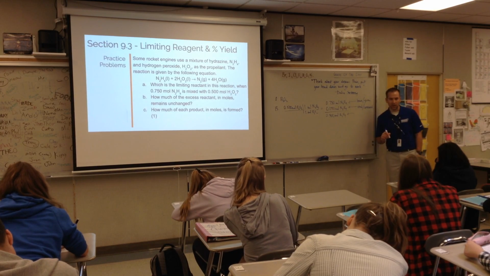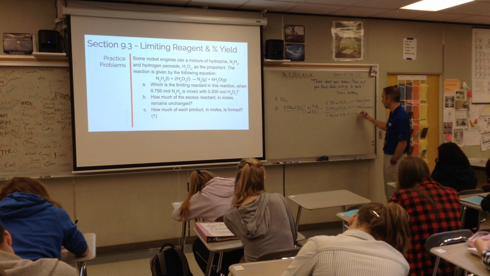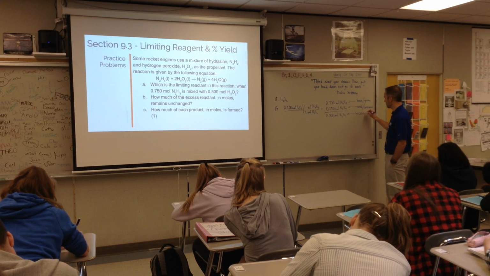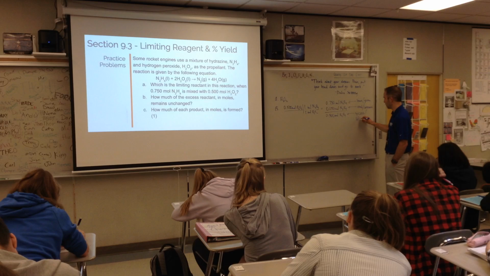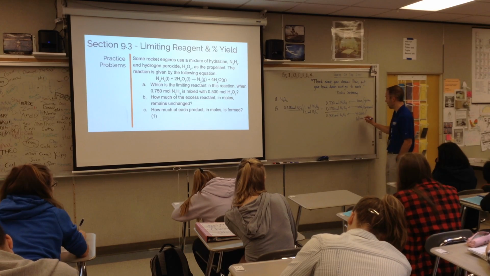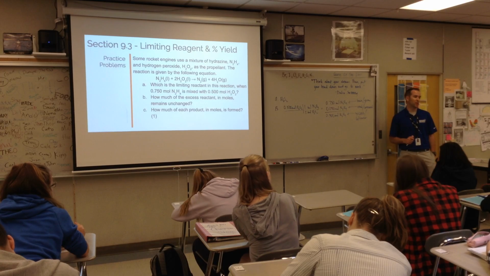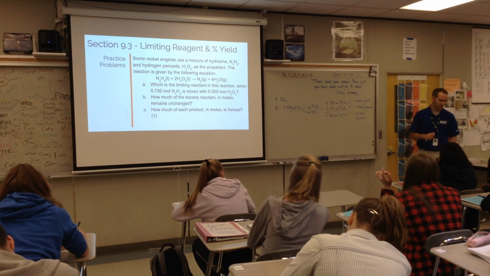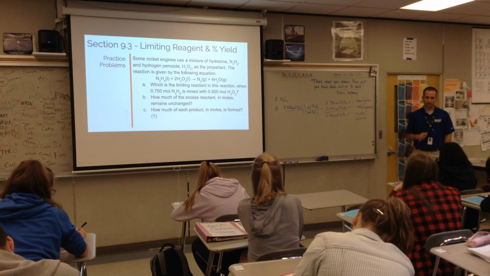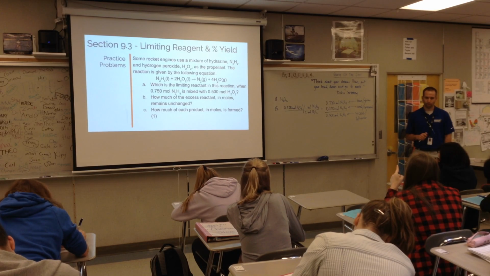So that means that we have a 1/2 mole in excess, leftover. That would be hydrazine. Hydrogen peroxide is our limiting reactant, so hydrazine is our leftovers. That's our excess.